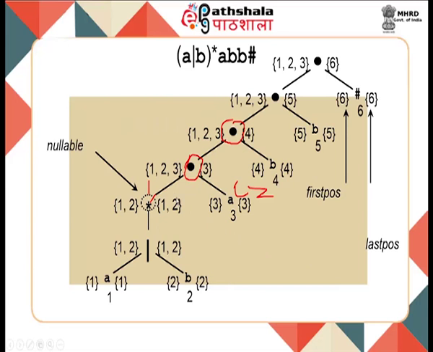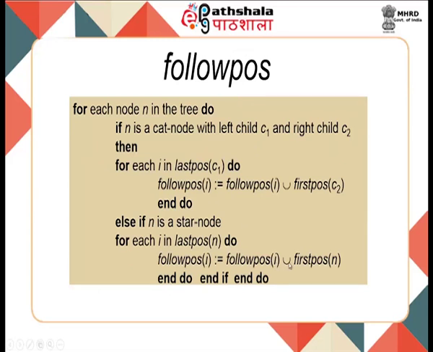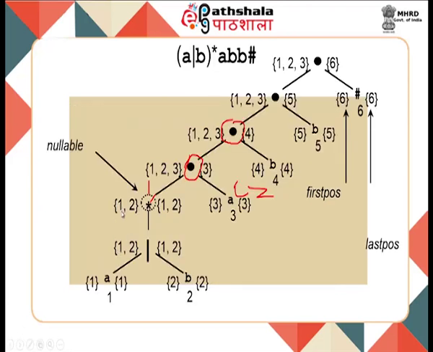For each I in last position of n, that is 1 comma 2, you will say follow position of I union first position of n. First position of n is 1 comma 2. So 1 comma 2 will be included in the follow position of 1 and 2 respectively according to this logic. So this is my star node, this is n.